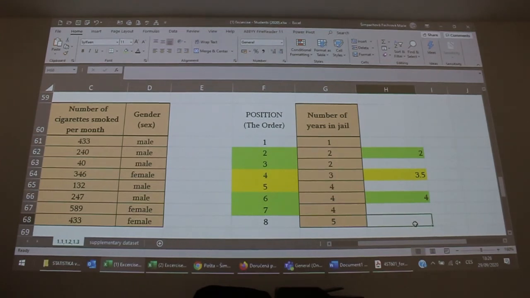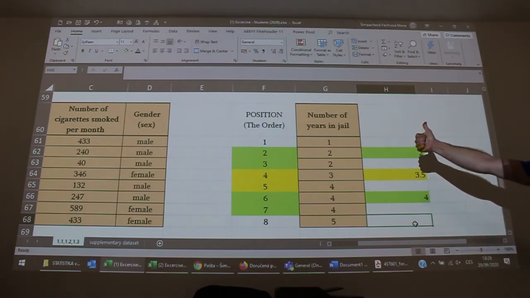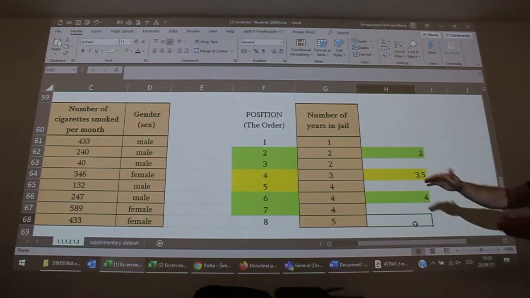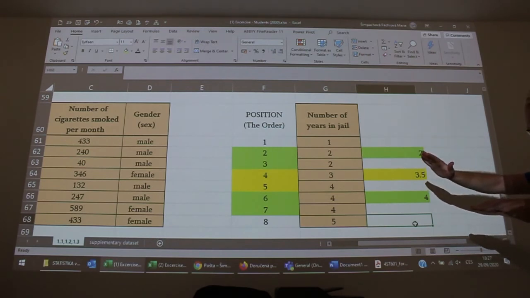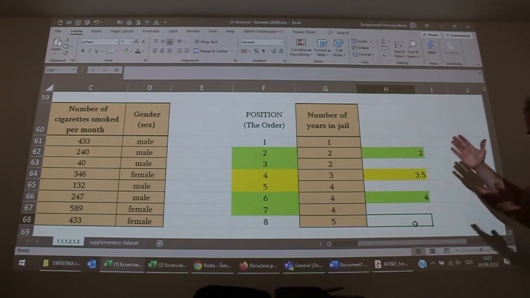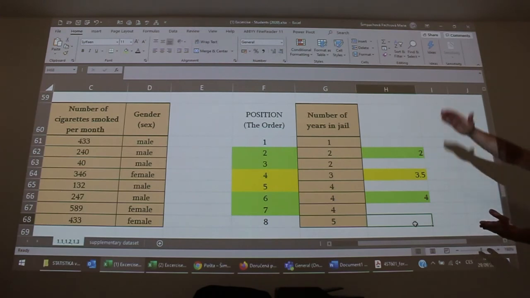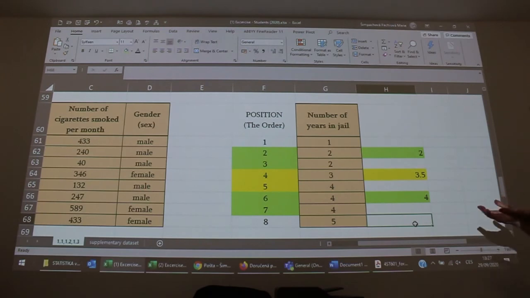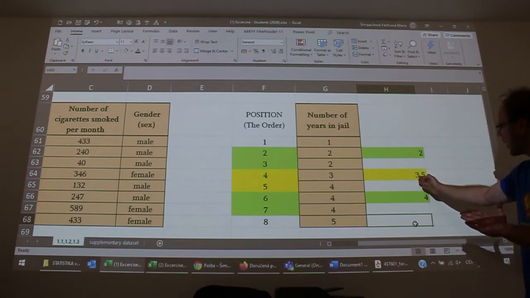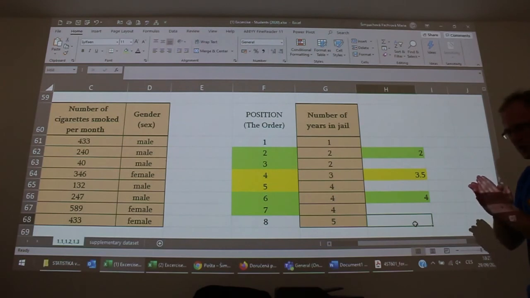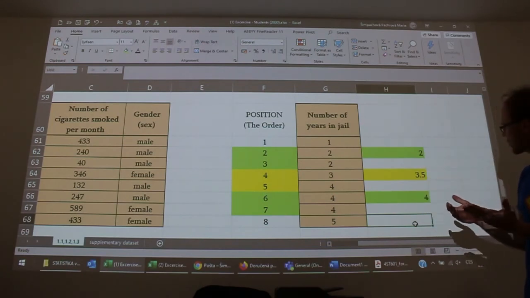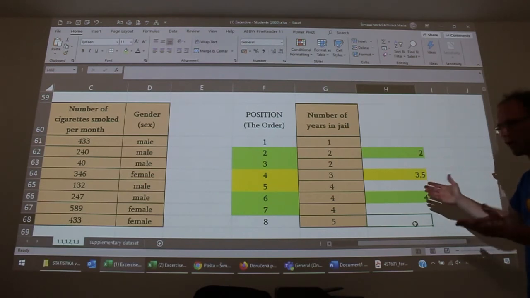And now something about interpretation, yes? What does this value 2 mean? It's the first quartile, yes? Dividing the sample into 25% and 75%. 25% of all prisoners spent in jail less than 2 years, and the other 75% of prisoners spent in jail more than 2 years. 3.5: 50% of prisoners spent in jail less than 3.5 years, and 50% of all prisoners spent in jail more than 3.5 years.